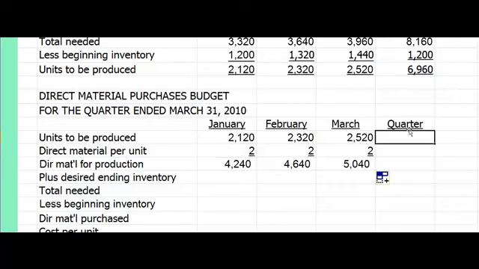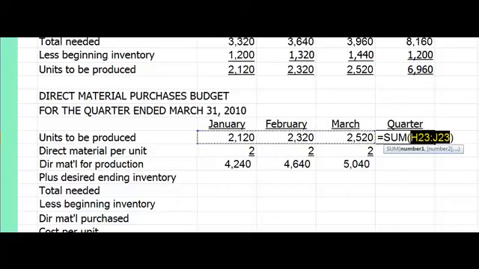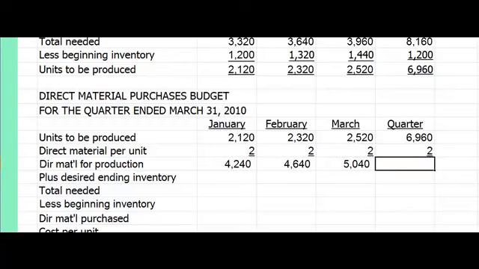Now for the quarter, we're going to use auto sum and sum that across. The 2 stays the same, and we use the same multiplication. You can use it again or just copy it over. So I'm going to need 13,920 pounds for the quarter.